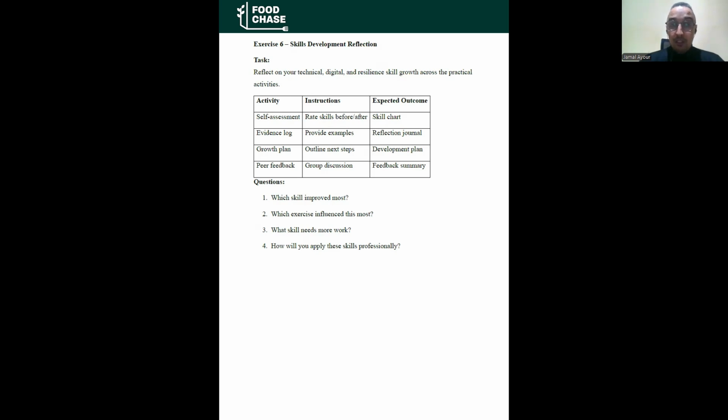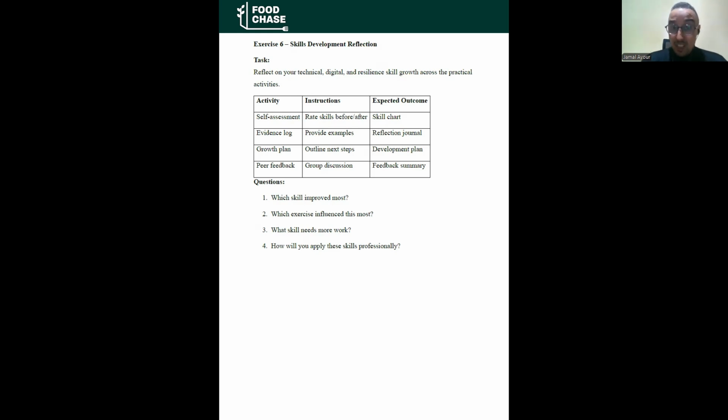The activities are self-assessment, evidence log, growth plan, and finally peer feedback, with a feedback summary for your chosen technical and digital resilience. The questions: which skill improved the most? Which exercise influenced this most? What skill needs more work, and how will you apply these skills professionally?